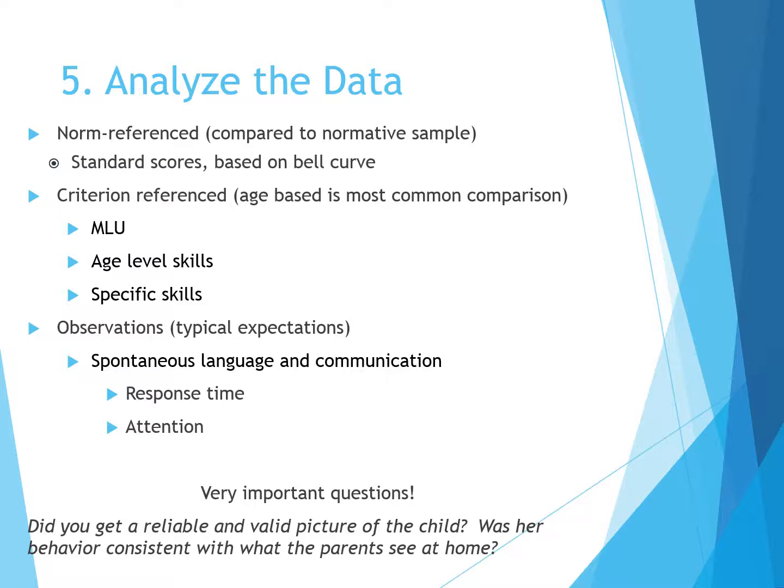So still, now we're going to analyze the data, and you go back and look at the data, and there you look at your norm referenced assessments where you're comparing to the normative sample, the people who took the test when it was being developed, and you get those standard scores. Most norm referenced assessments have a mean of 100 and a standard deviation of 15.